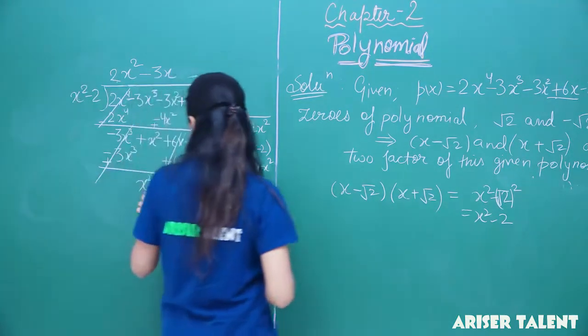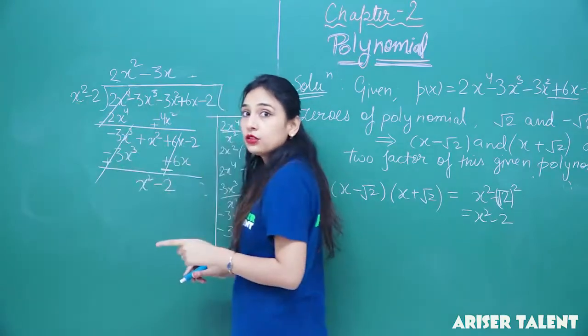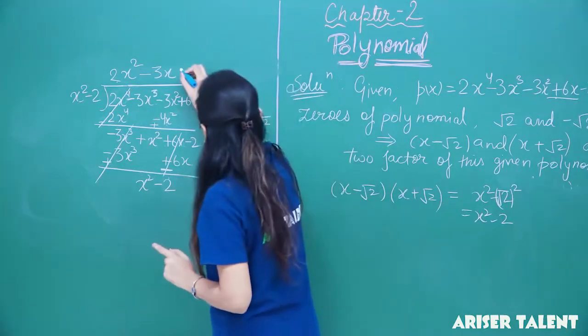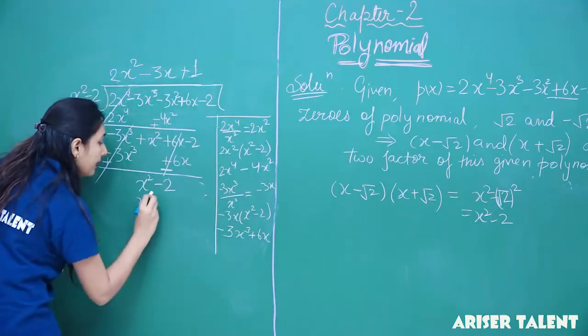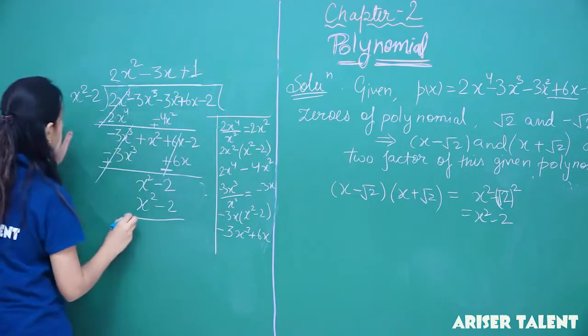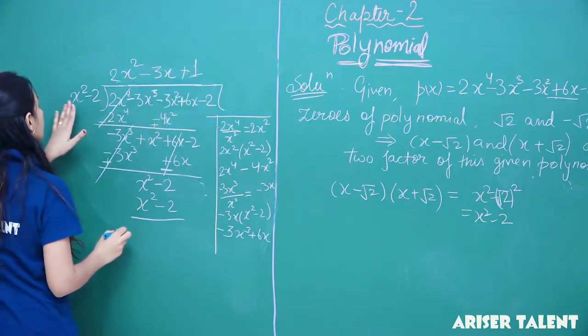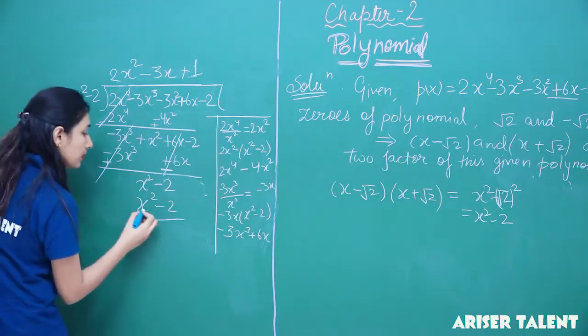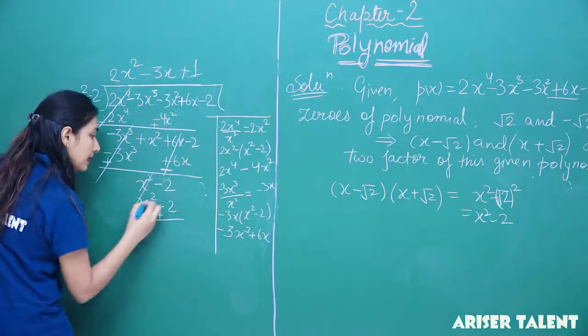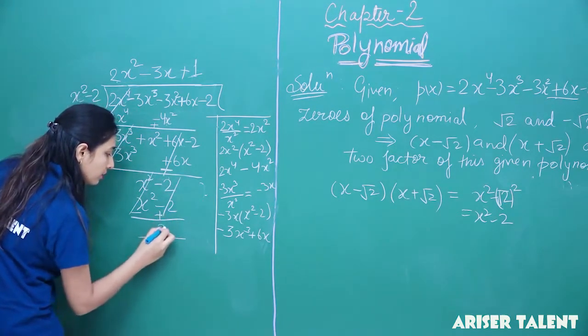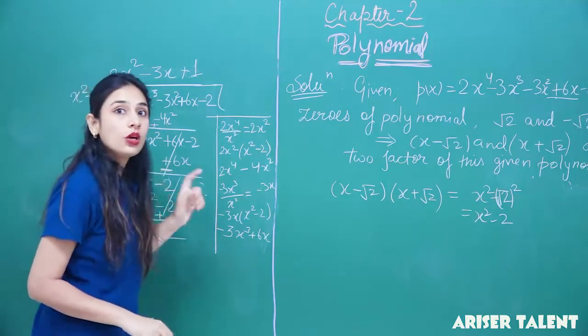Now, x square divided by x square is 1. So, you just have to write plus 1 here, and x square minus 2, because 1 multiplied by x square minus 2 is x square minus 2. Now, again change the signs. Okay. So, remainder is 0.